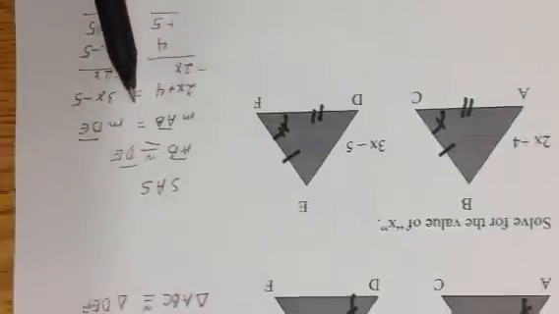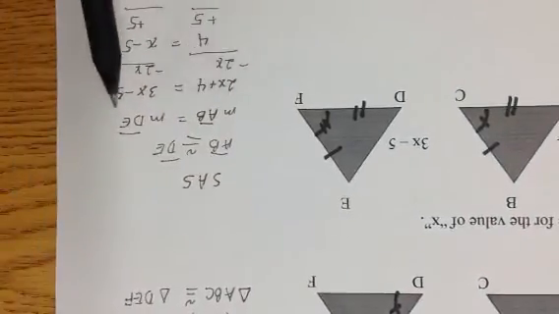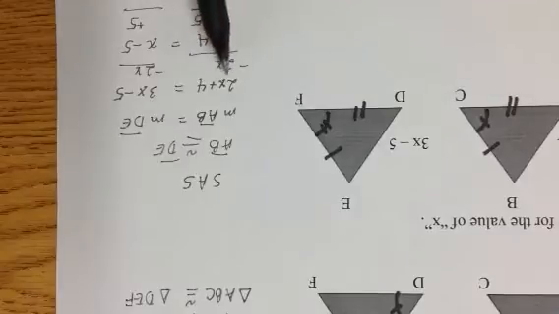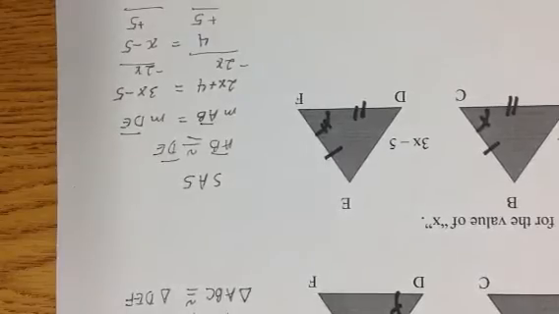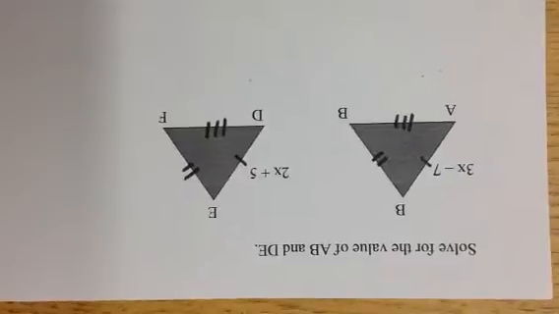That means the measures over here are going to be the same. So I put the value of the sides here, and then I solve for x. All right. Now, we're going to solve for the value of AB and DE.